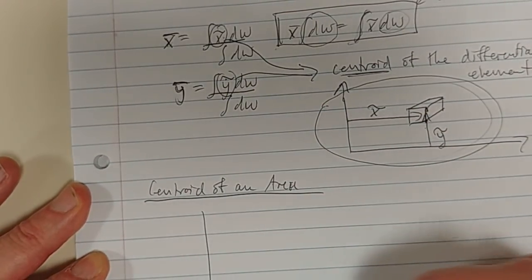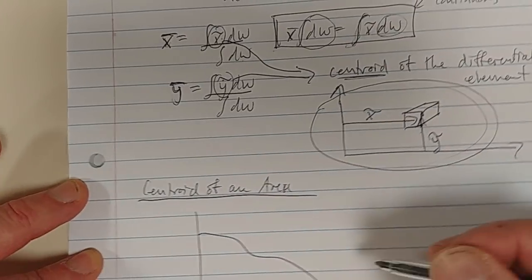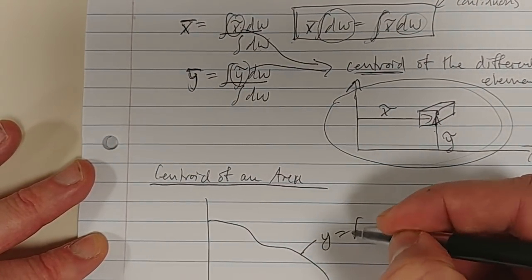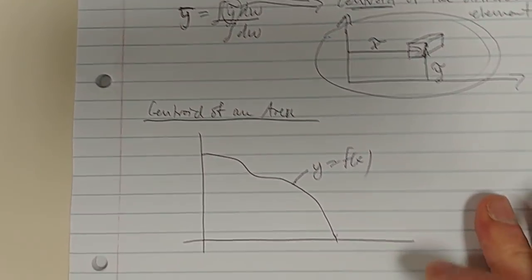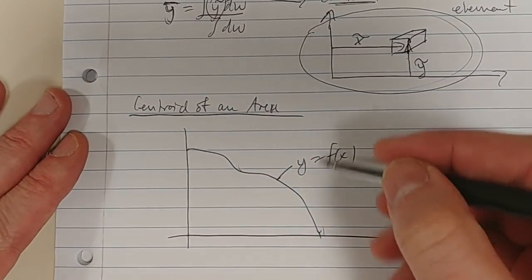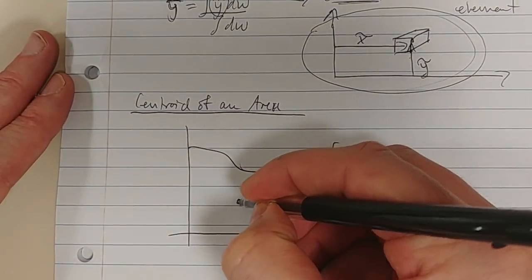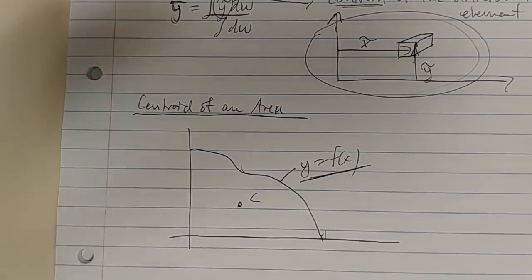what we have essentially is a two-dimensional area, and it's given by a function. This top line here is given by some function, and we are trying to find the centroid. So what do we do first?